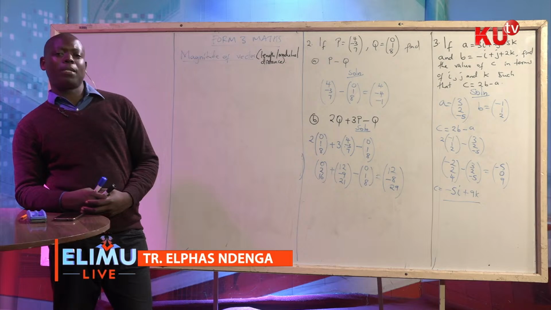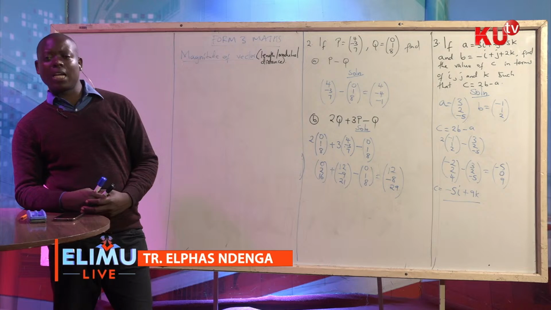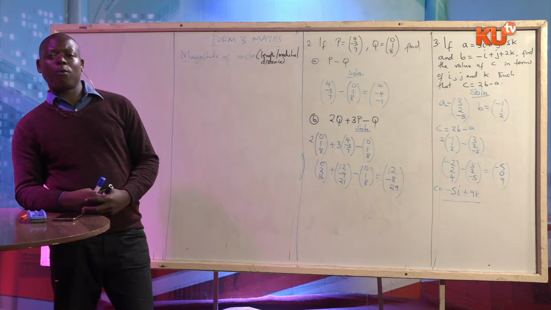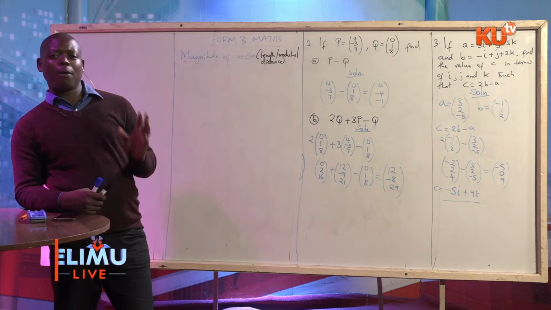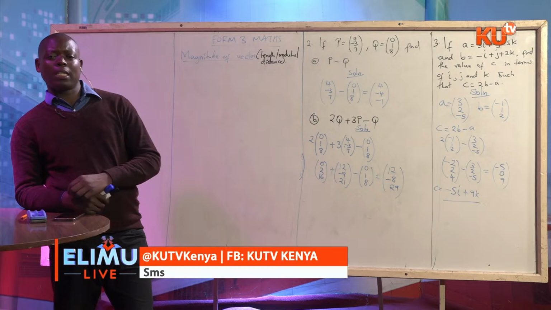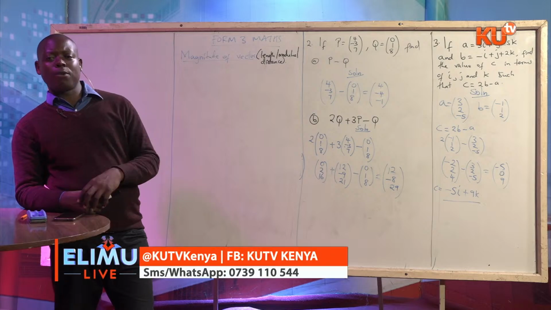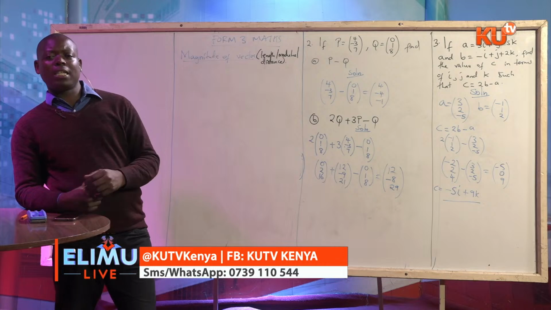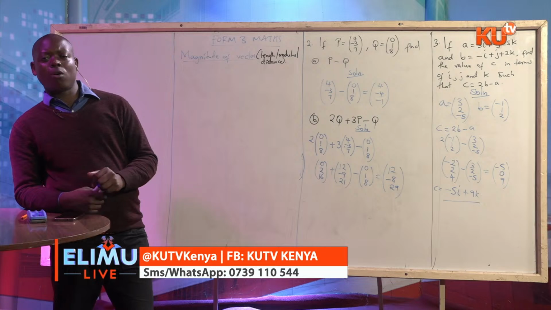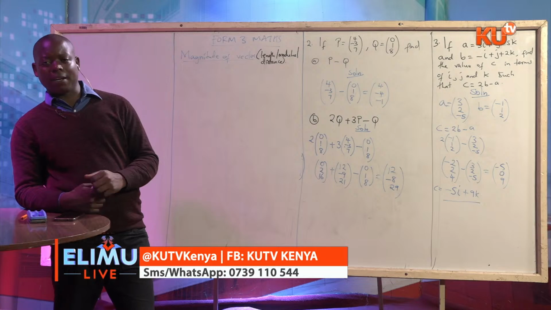Because it is not specific whether it is meters, kilometers, centimeters, hectometers, or whichever the case. Therefore, when you work out the magnitude of a vector, remember at the end to write the word units, which is like our SI representation of the quantity you will have obtained.